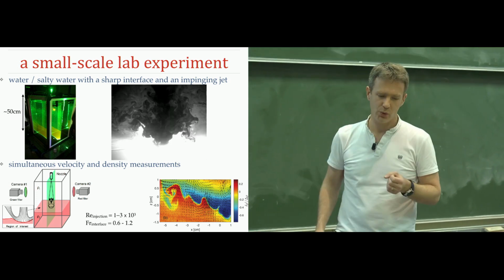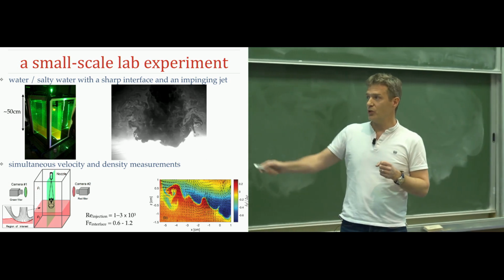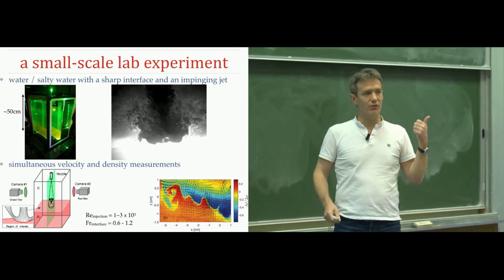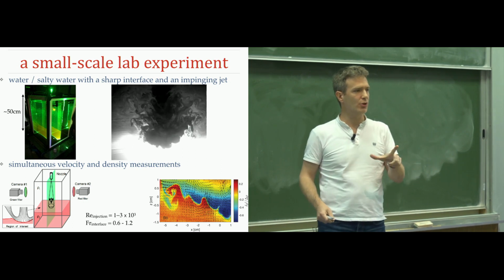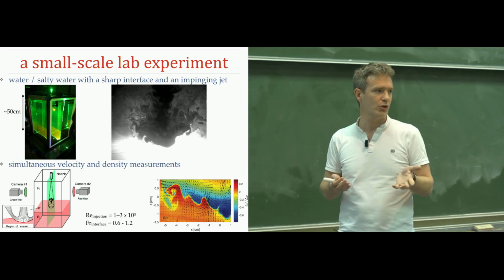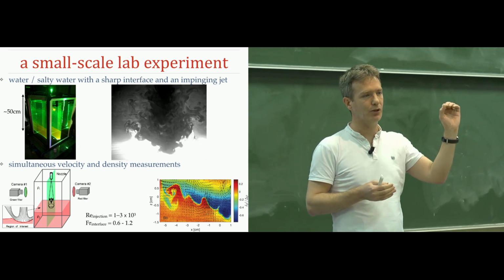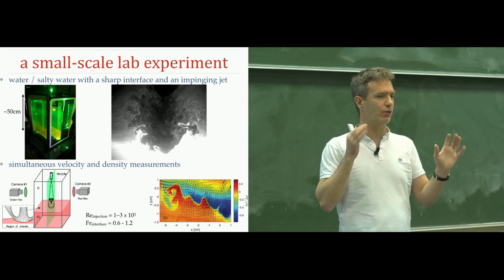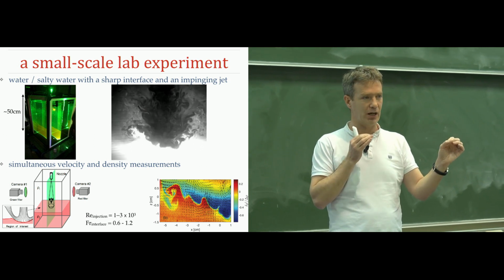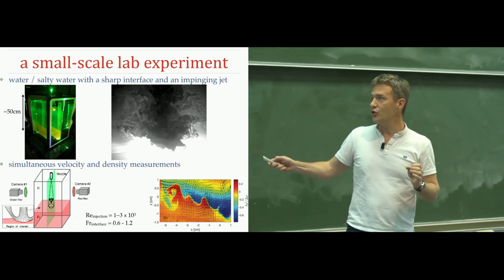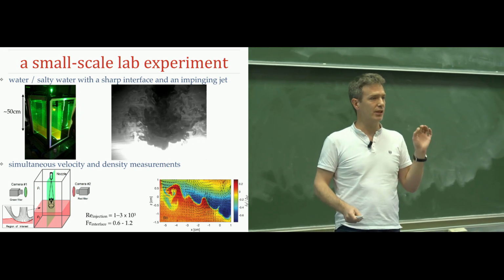To do measurements, we use two cameras, and we do simultaneous velocity and concentration measurements. For velocity, we use PIV, meaning that we put some small particles that are advected by the flow, and we follow them using a camera. For the density measurements, we use laser-induced fluorescence.